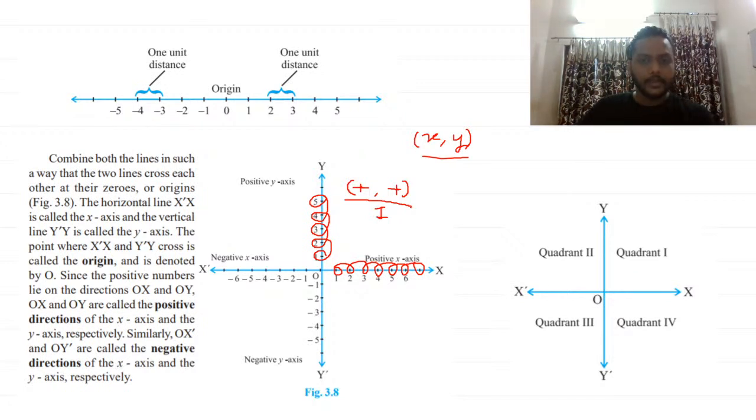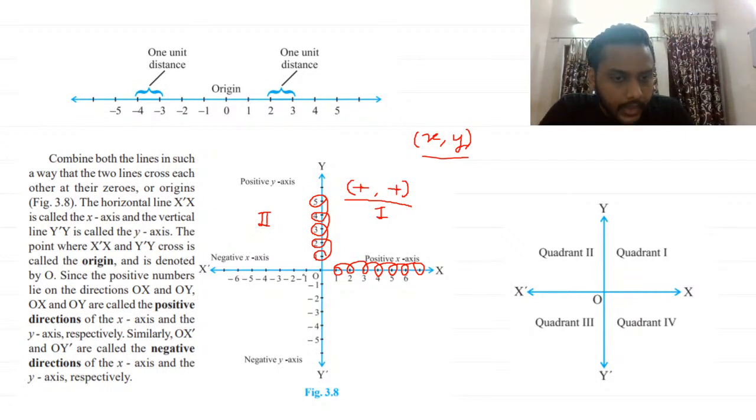Okay. Now, in the second quadrant, guys, what is going to happen? Everyone focus. In the second quadrant, your x is what? If you focus, your x is negative: -1, -2, -3, -4, -5, and so on.